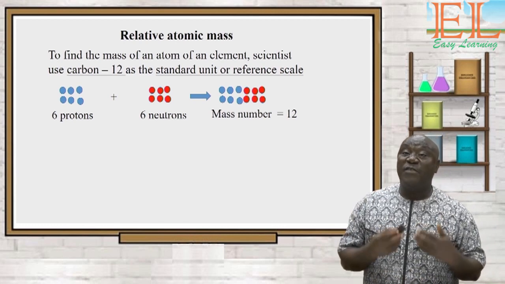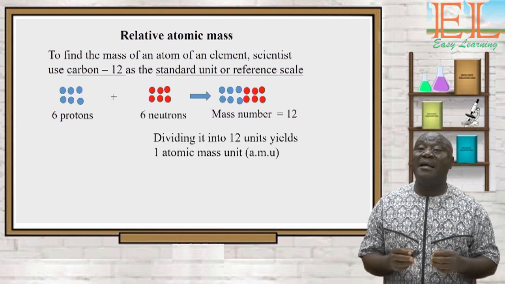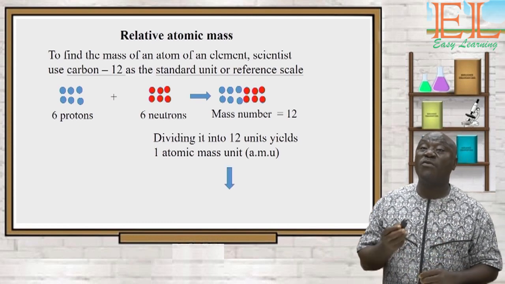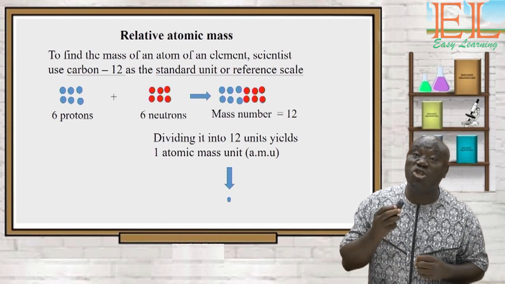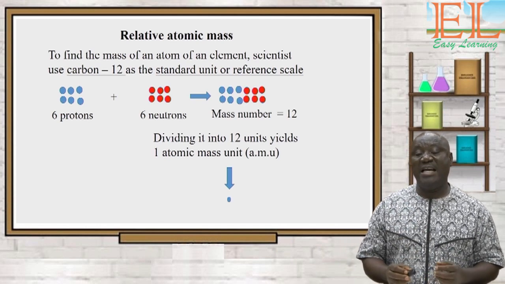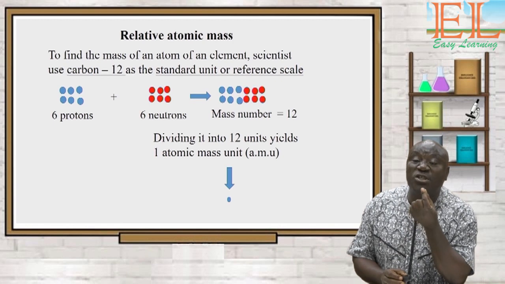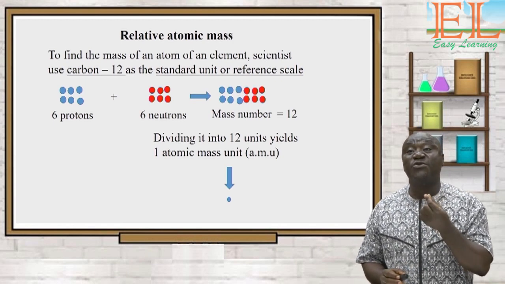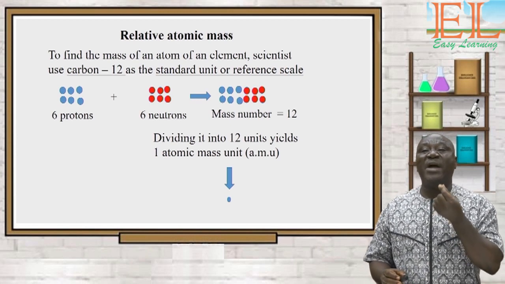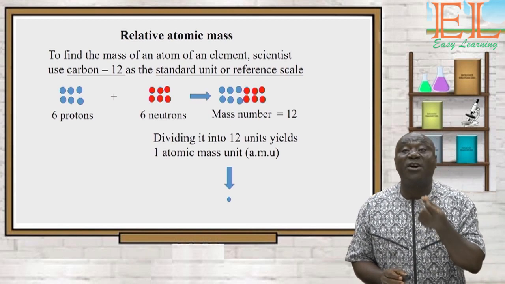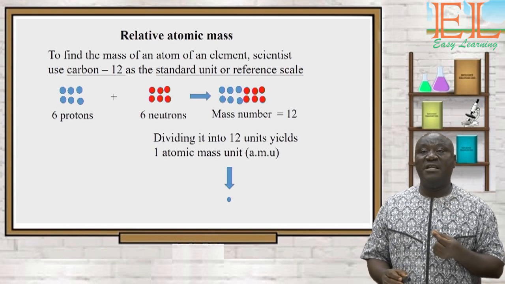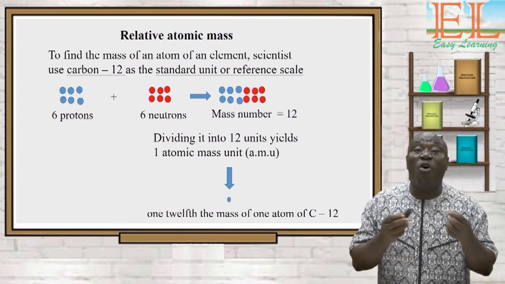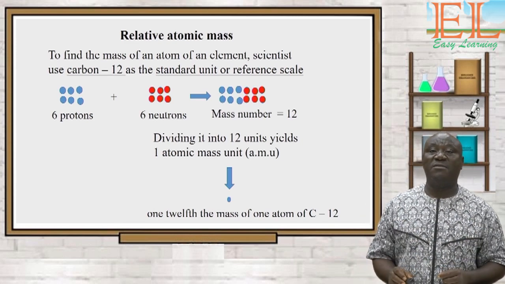Now, dividing the mass number by 12 units gives what we call 1 atomic mass unit, and that is a single unit of carbon-12. And this is what we are going to use to compare with the masses of the various atoms. This is the reference scale for measuring the mass of all other atoms.